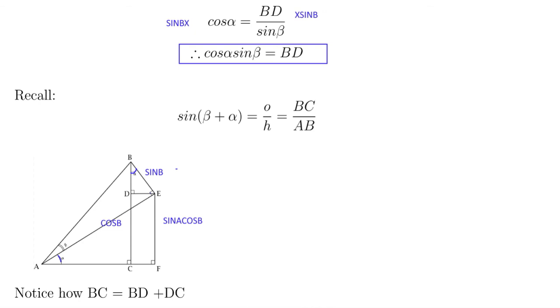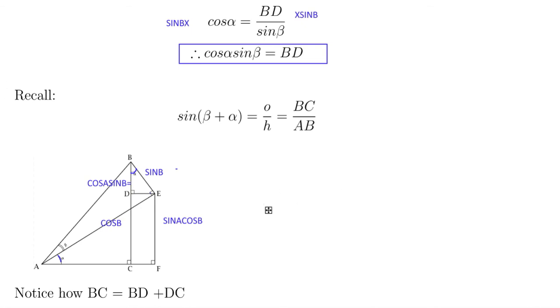We've gone on quite a bit of a journey, but bear with me, and if you've stayed this far, well done. The idea is now that I can absolutely put this label BD in here. That's what we've got, cos alpha sine beta. So I'll try and put it across here. We've got cos alpha sine beta equals, if I go back one, that BD length in there.